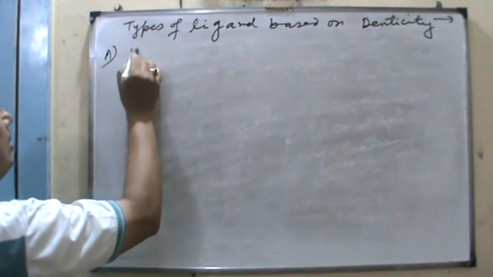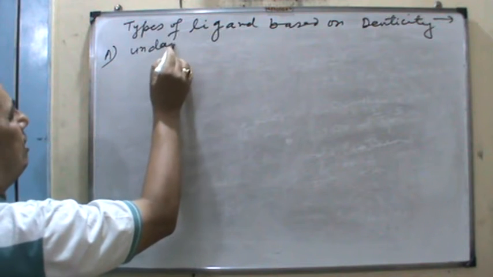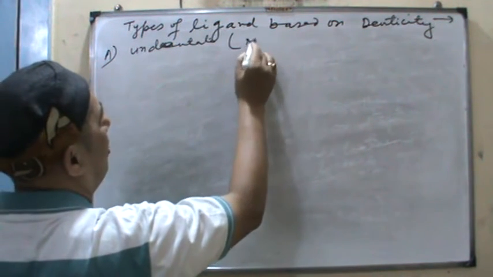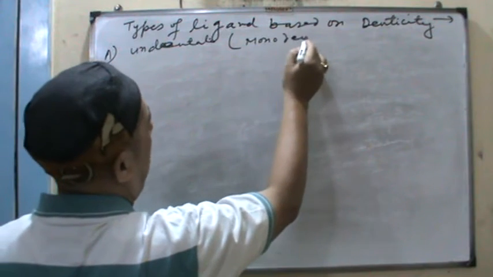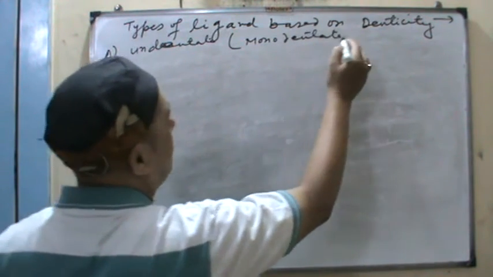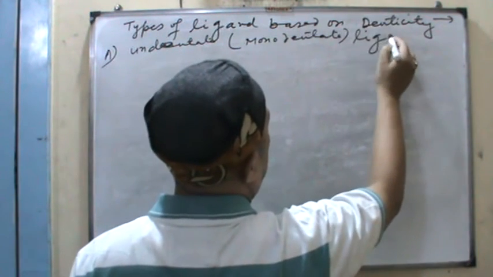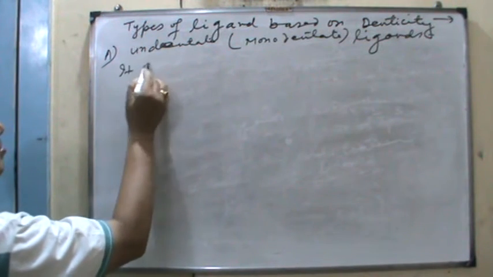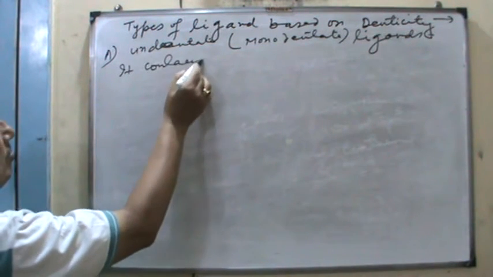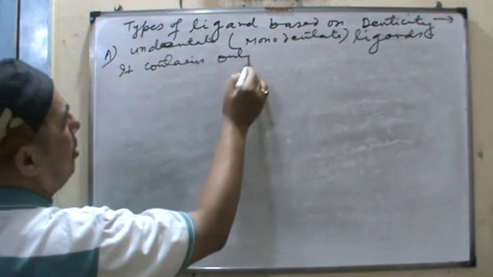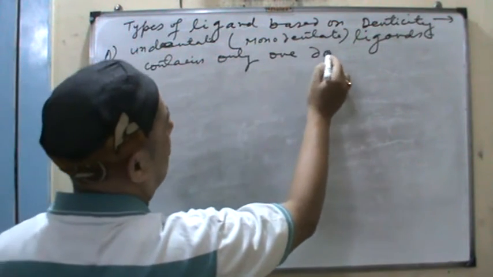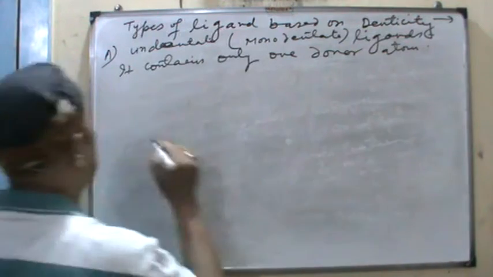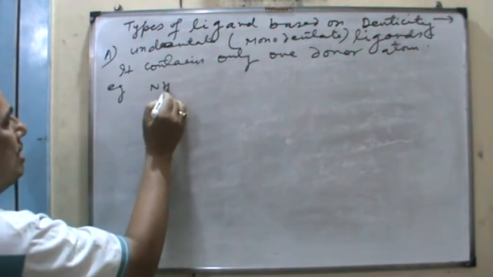First is the unidentate, monodentate ligands. Such ligands contain only one donor atom. For example, ammonia is the best example there.